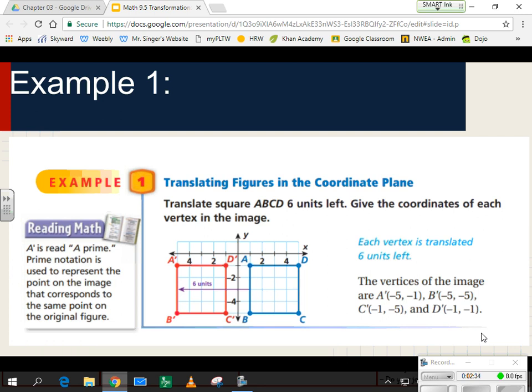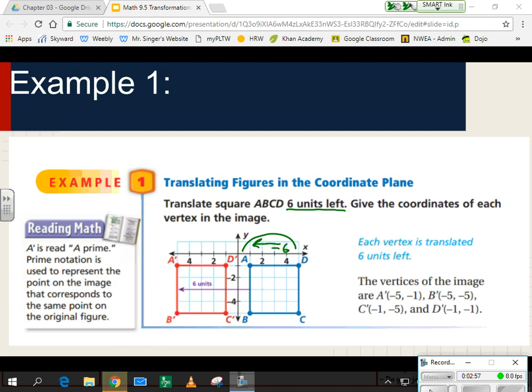So here's an example of a translation where the shape here is ABCD. It's written in blue, and it's going to be moving to the red spot. So a couple things. When we look in the directions, it says we're going to move 6 units left. So that means we have to take this whole shape here and move it over 6. Okay?